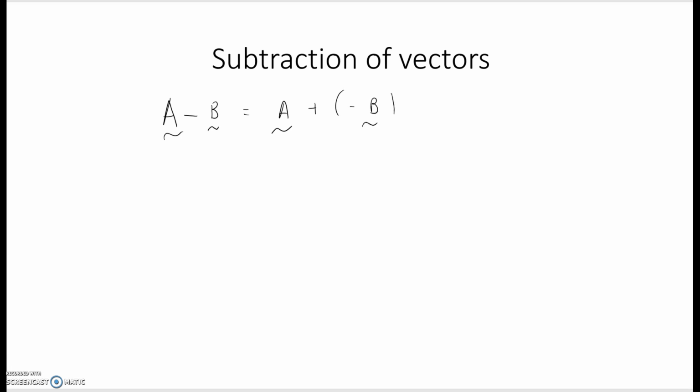And if you're thinking about velocity, initial velocity and final velocity, and you want to find the change in velocity as being v final minus v initial, then we're going to have to subtract. So it would be the same as adding the opposite.